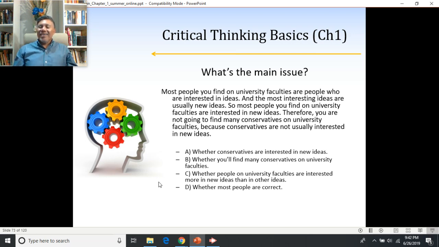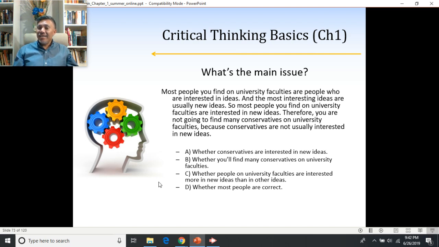Okay. So if you look at the passage one more time, most people you find in university faculties are people who are interested in ideas. And the most interesting ideas are usually new ideas. Two claims there. So most people you find in university faculties are interested in new ideas. Claim.